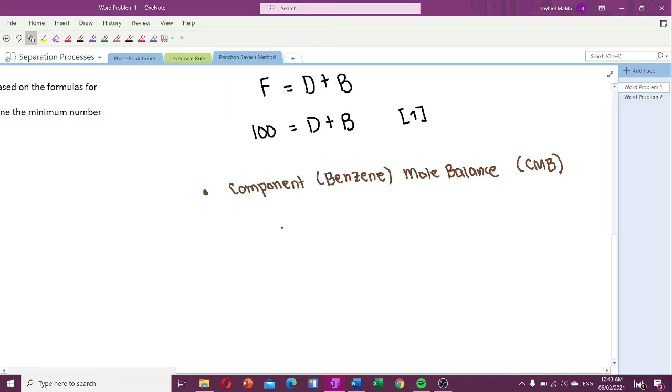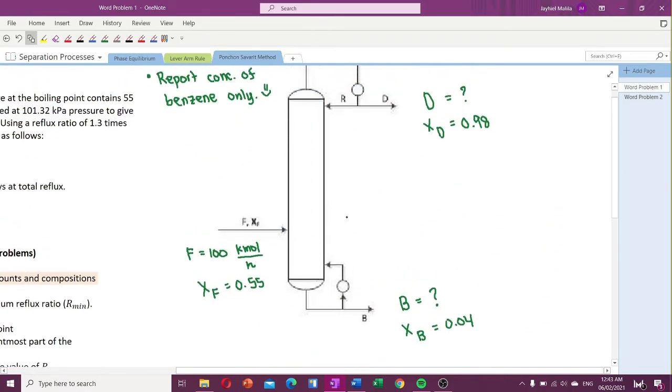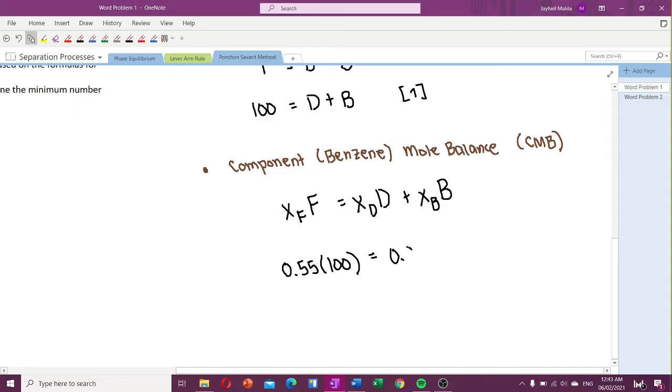So we have here XF multiplied by the feed equals the mole fraction of the distillate multiplied by D plus the mole fraction of your bottoms multiplied by your bottom stream. So you have here XF, which is 0.55 multiplied by 100, and then your XD, that's 0.98, and then your distillate is unknown.